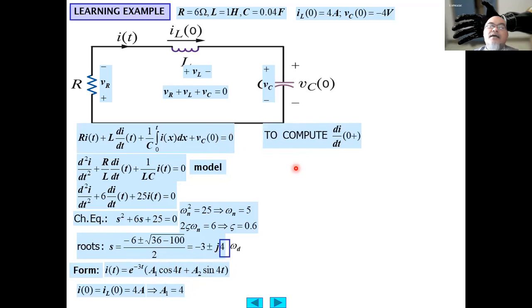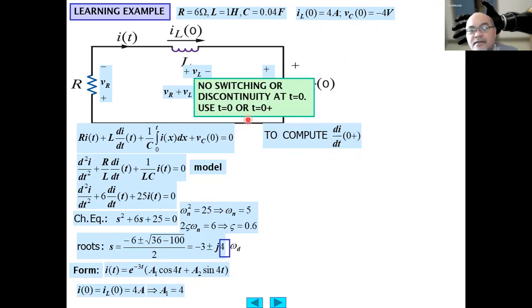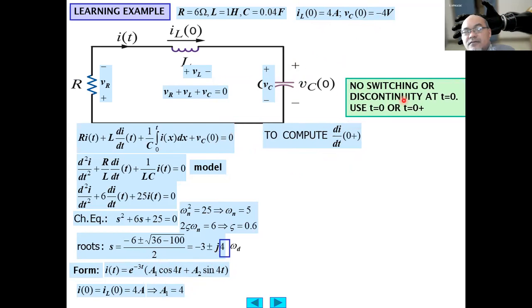To compute di/dt at t equals 0, because it is not given here, we have to use KVL. Here again, there is no switching or discontinuity at t equals 0, so we use t equals 0 plus, meaning from the right.